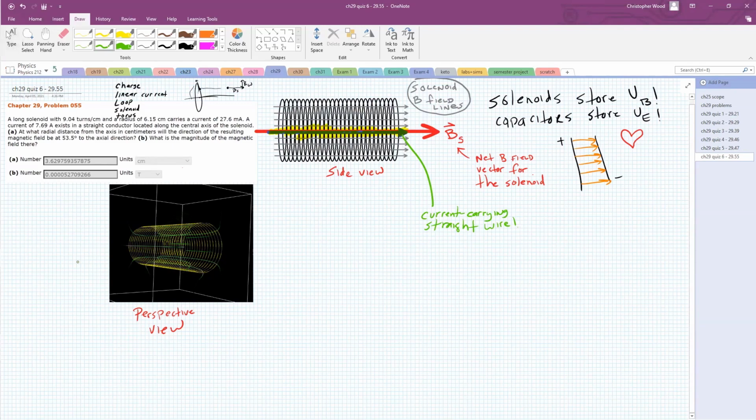Okay. So it says Probert, if Probert goes to a certain location, I'm kind of drawing that here. If I read this, at what radial distance from the axis in centimeters will the direction of the resulting magnetic field be 53.5 degrees with respect to the axial direction?